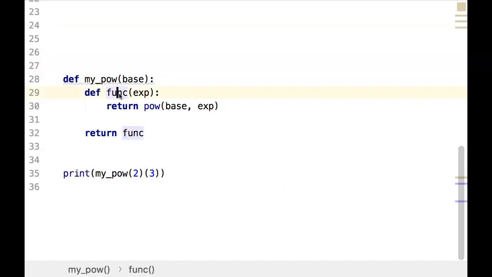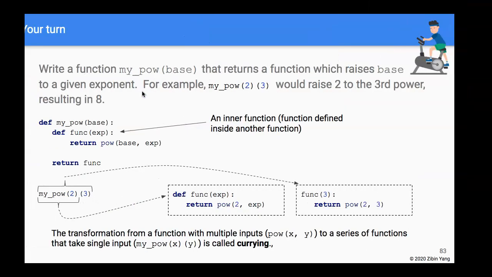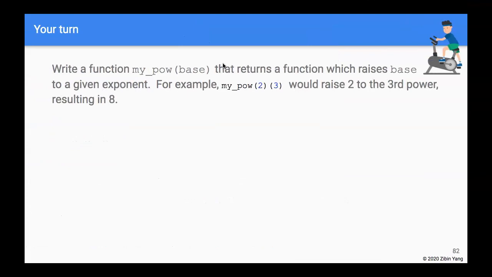Now I could write this as a lambda function as well, but in this case I want to take a slightly different route, and that is I define another function that is returned by myPower. Now what this function does is that it takes an exponent, right? Because that's what myPower returns.